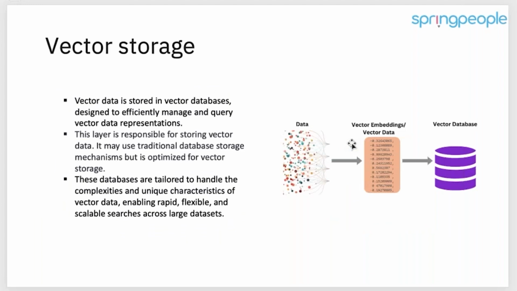So the vector storage, as I said, could be a combination of things. It could be a backend database, it could be a file, or some embedded system. So there are various forms that it can use to store the data. And we will look at various forms of storing in the next few slides that we are going to see.